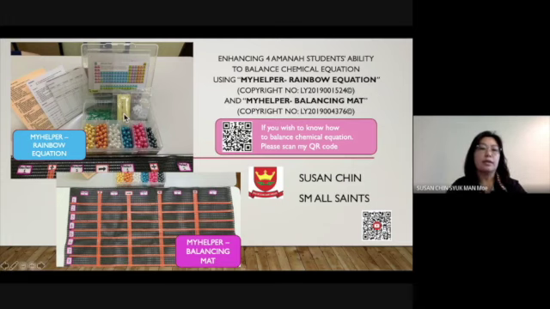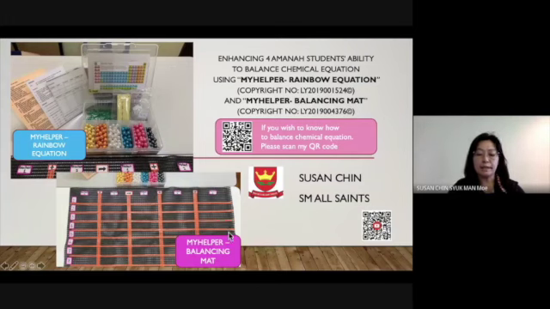On the top left, what you can see here is a set of MyHelper Rainbow Equation. It consists of different color bits, periodic table, manual, and also some guideline. And there is also flashcard consisting different level of questions and the answer.